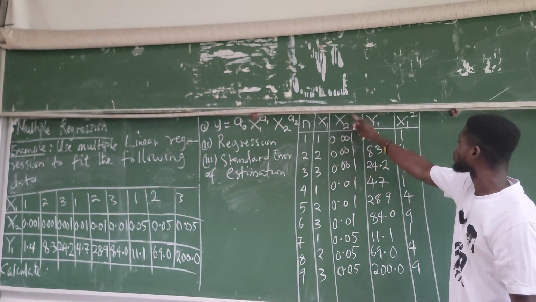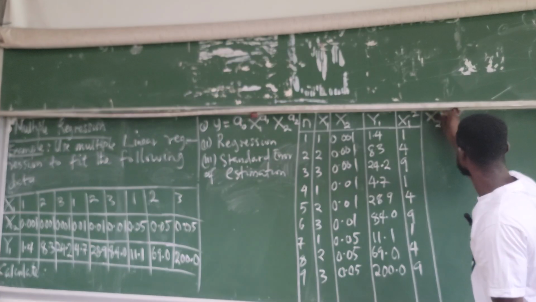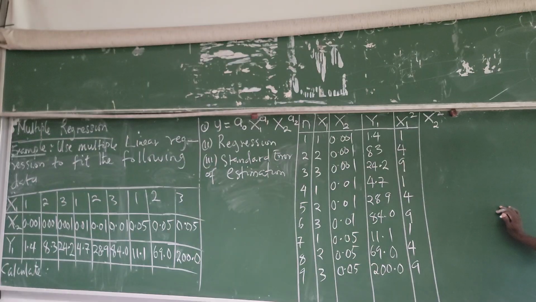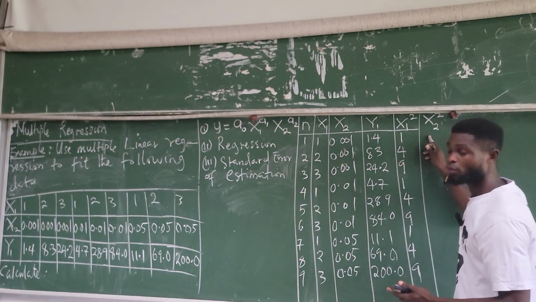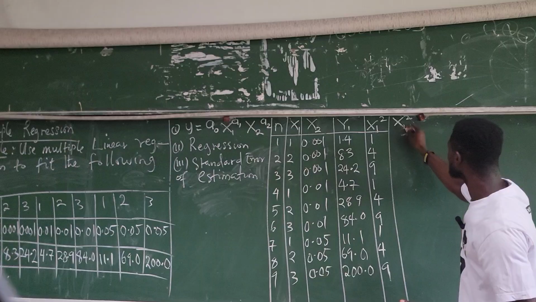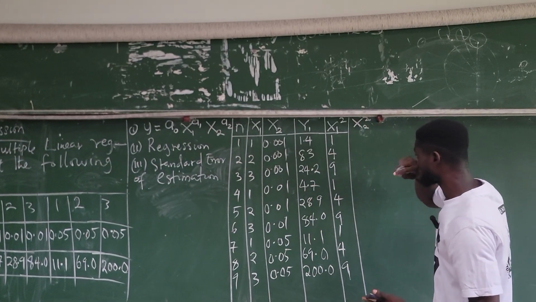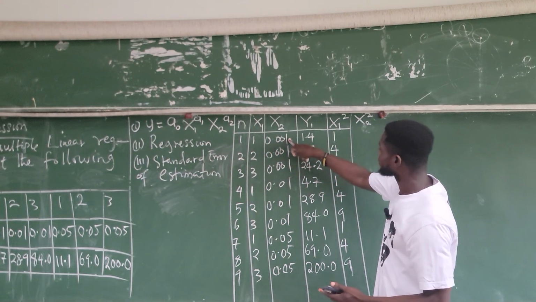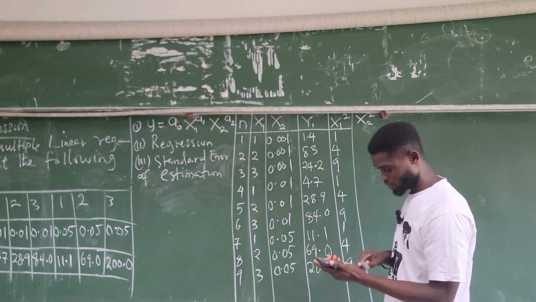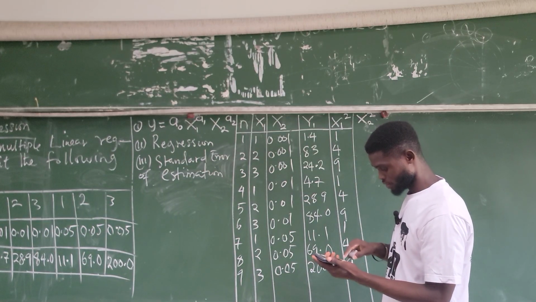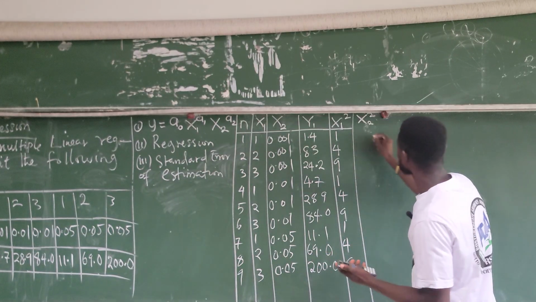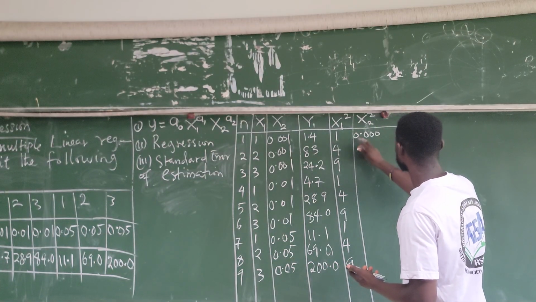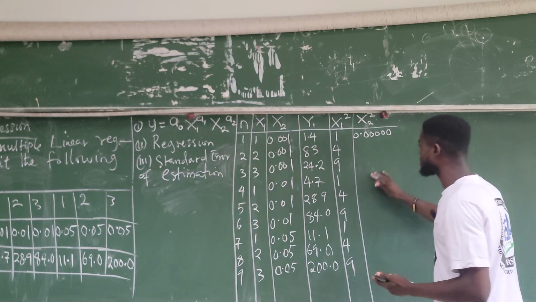We also have x subscript 2 squared. Taking x2 squared, x2 is 0.001, so we are going to square this. 0.001 squared gives us 0.000001.